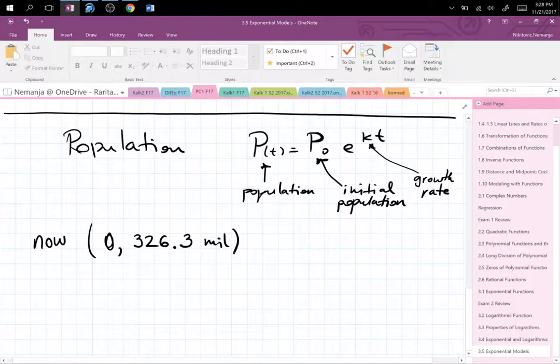So I wrote down the first data point with the population now. If you're reading this, this is t comma p, time in years. So 2017 is going to be 0 because we are saying now. So let's call that the initial case. And then you have the population.